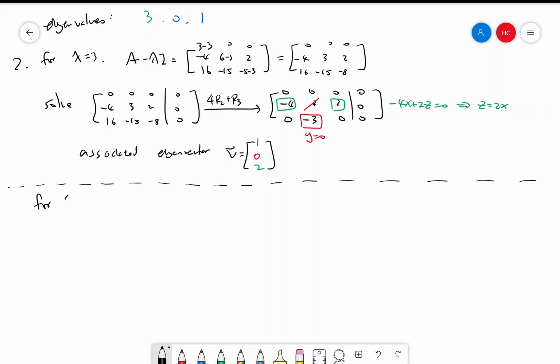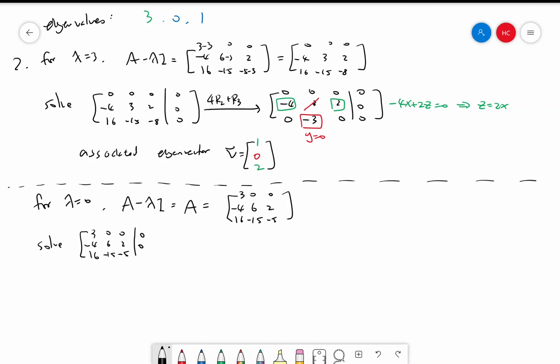So for lambda equal to 0, good thing A minus lambda I is just A. So it's the original matrix: 3, 0, 0, negative 4, 6, 2, 16, negative 15, negative 5. So we want to solve this system of linear equations. Okay, so let's first kill the negative 4 and 16.